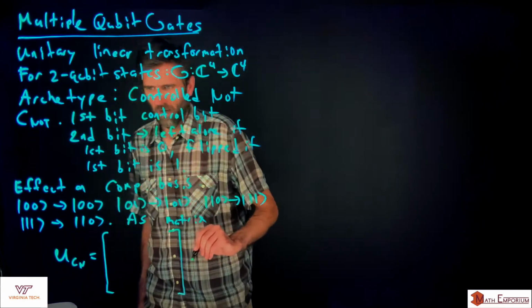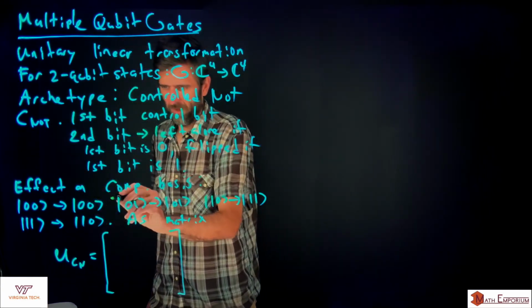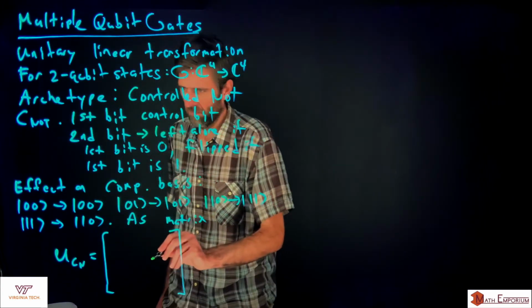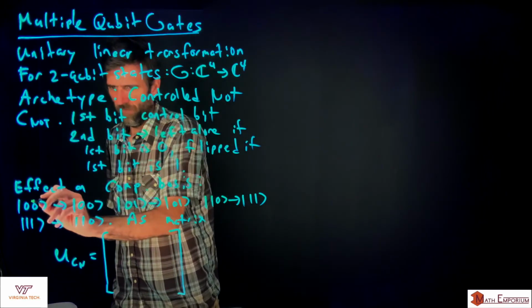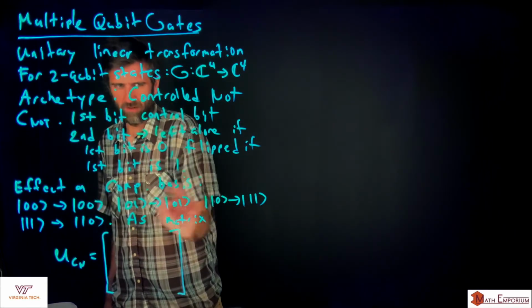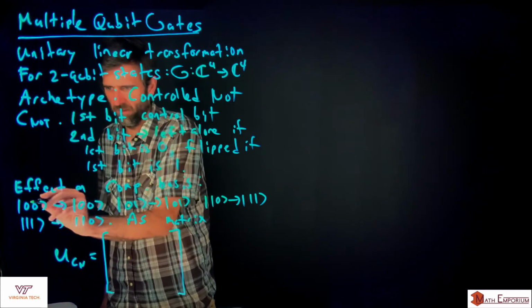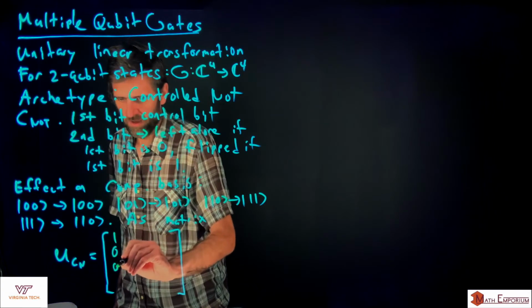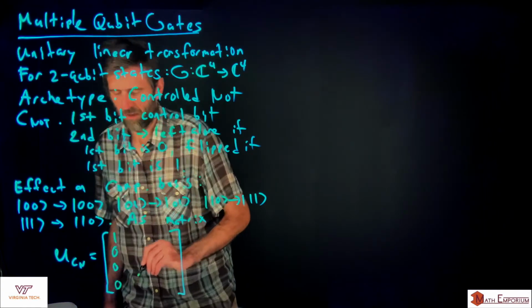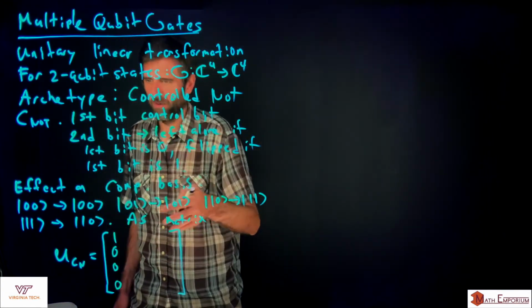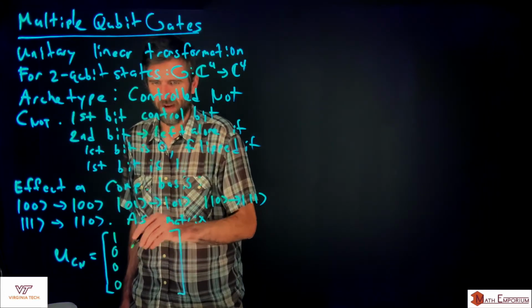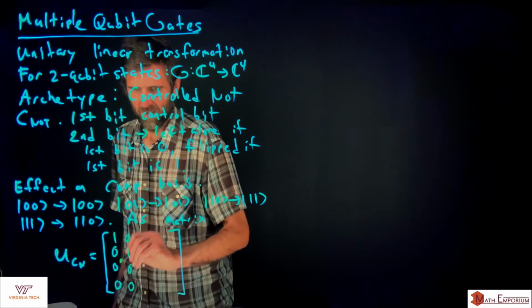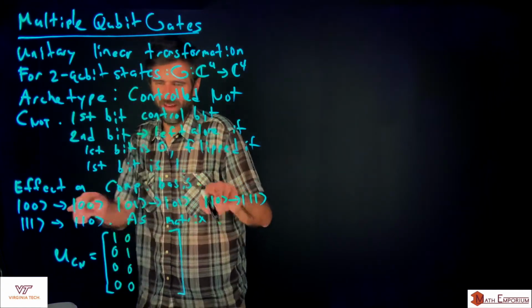Since the first component is telling me the coefficient on 0, 0, I'll basically want to make the effect of the matrix match up with the effect on the basis vectors. So basis vector 0, 0 is being left alone, so the column should contain the vector representation of that computational basis vector. Same thing with the second computational basis vector. And then these two have to be flipped.